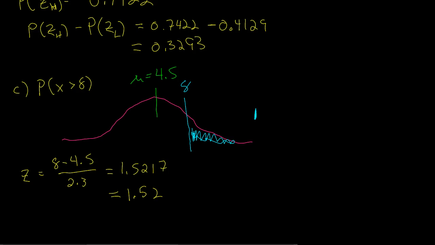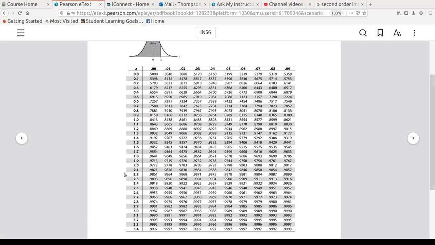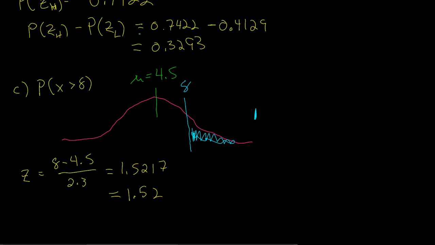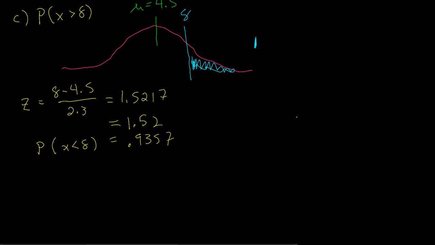And so we're going to come back to our table, and we're going to go to 1.52. So we come down to 1.5 and over to 2, which is 0.9357. And so the probability of x being less than 8 is 0.9357. But we want the probability that it's greater than 8, which is the complement.